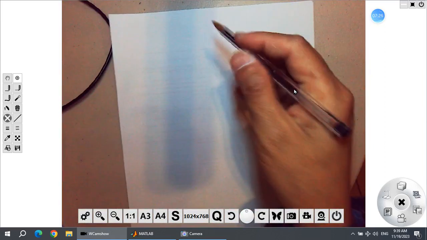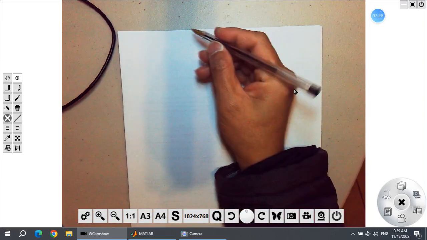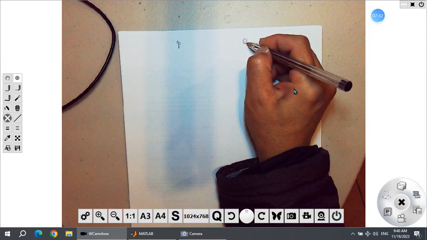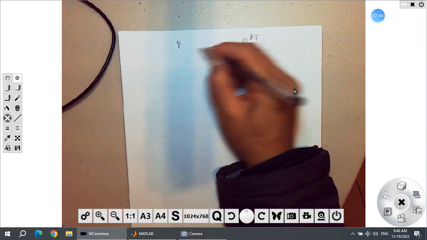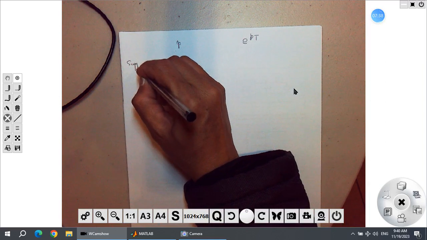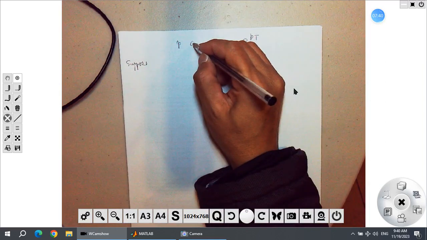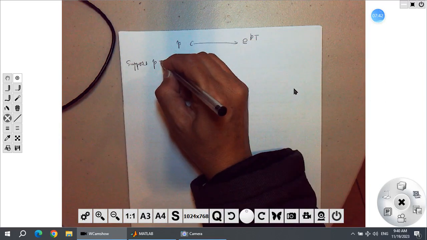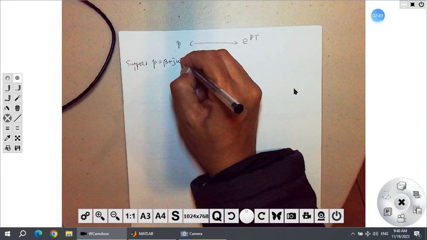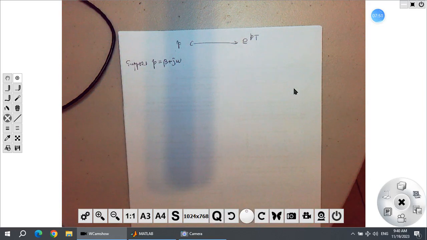Now we want to see this p, and e to the pT, and the relation between them. Suppose p equals some beta plus j omega, a complex number.